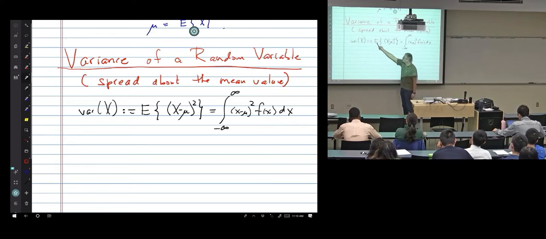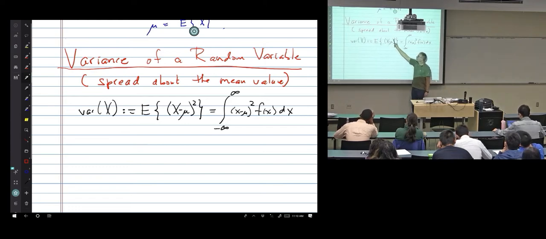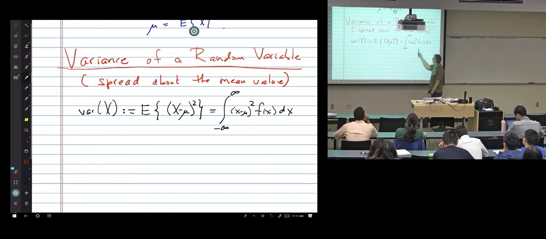This expectation is just an integral, right? It's an integral of something squared. What does that sound like to Rob 501 students? It's a 2 norm squared. This is just a weight. This is a weighted least squares.